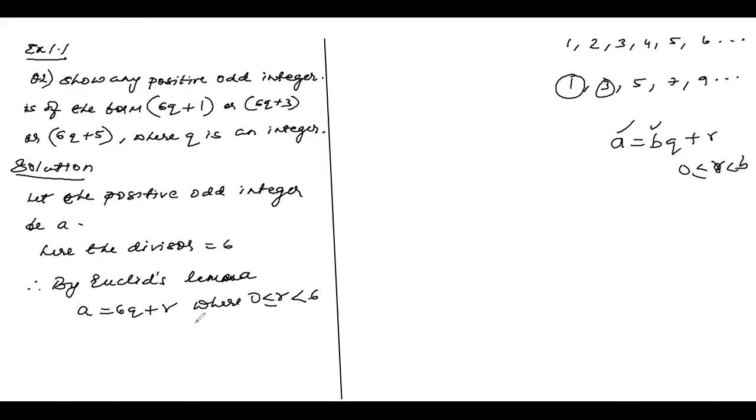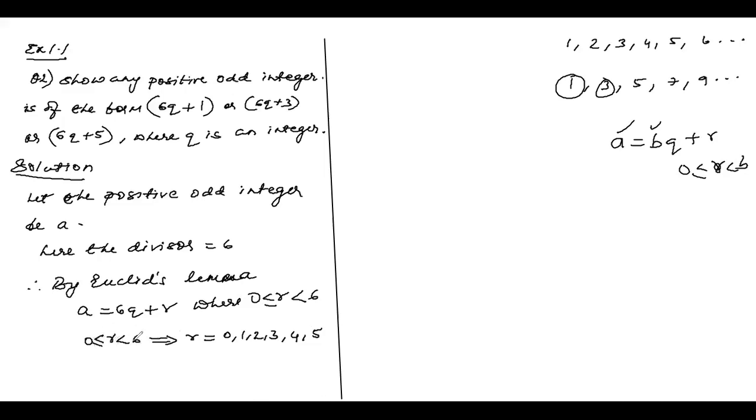Now look here, children. r greater than or equal to 0, less than 6 implies r is equal to either 0 or 1, 2, 3, 4, 5. r is greater than or equal to 0 but less than 6. मतलब r can be 0 also.